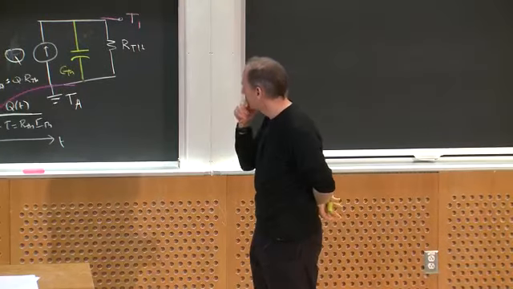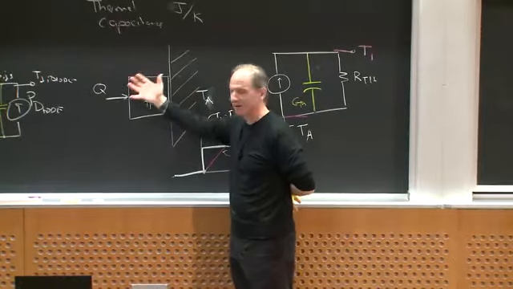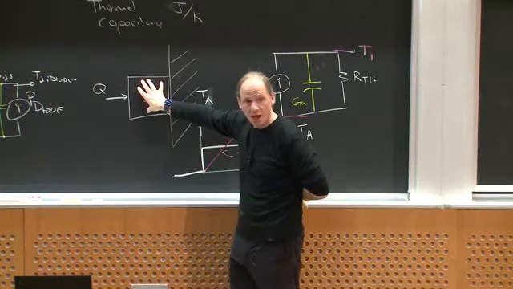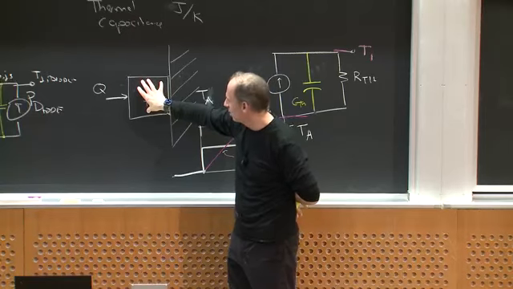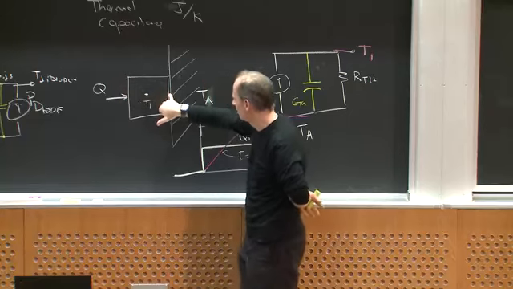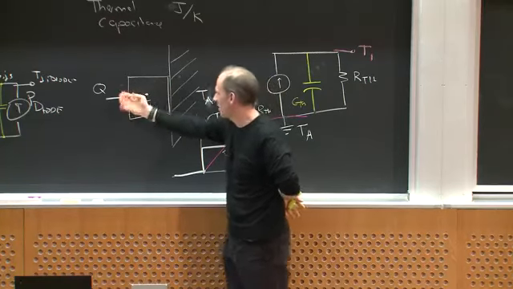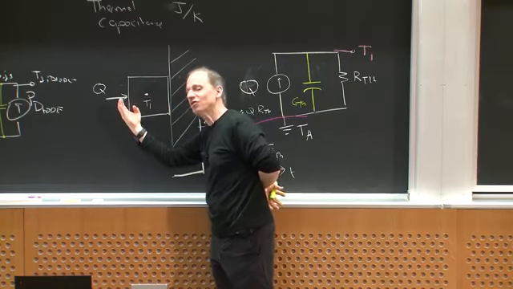Along those lines, what happens if I'm not too happy with the resolution I have here? I'm basically treating T1 of this whole block as being the same thing. But in reality, if the heat's really coming in over here, this end's hotter, this end's cooler. Spatially, it doesn't have the same temperature everywhere, and maybe even temporally, it doesn't.